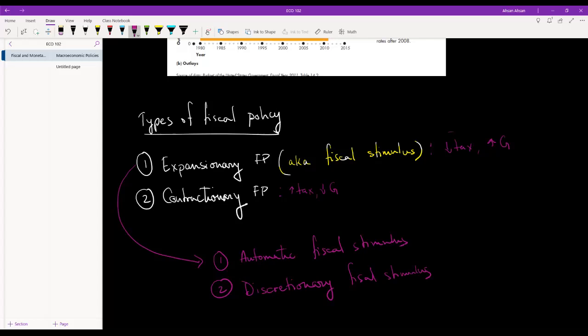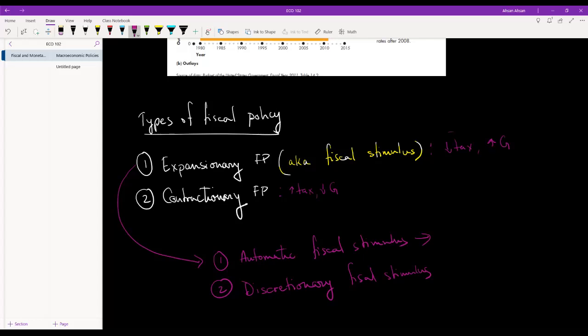Now, automatic fiscal stimulus are cases that are automatically activated. So, for example, during the 2008, 9, 10 period, when there was a global recession going on and a lot of people were losing their jobs, automatically, as people were losing their jobs, they were qualifying for, let's say, unemployment benefits.